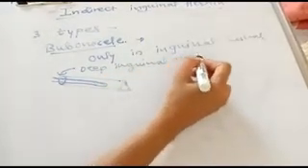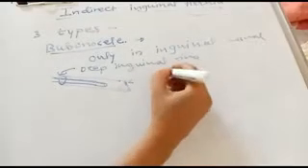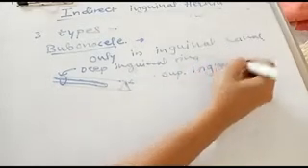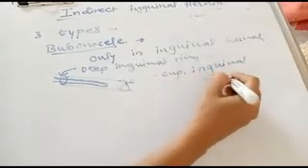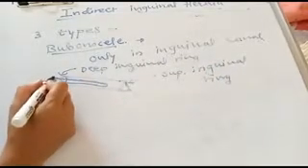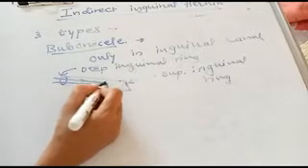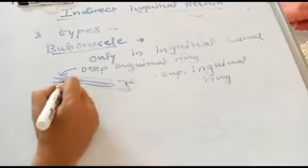This one is the superficial inguinal ring. So the abdominal content will protrude through the deep inguinal ring. They will remain in the inguinal canal only.